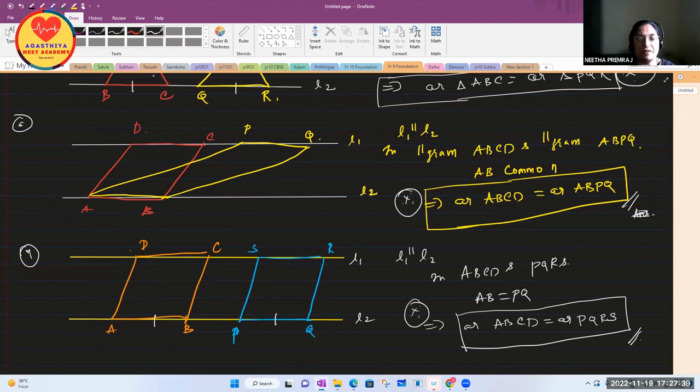The figures are very, very important. You must draw the figure. Then only you will understand. Otherwise, you don't get it.